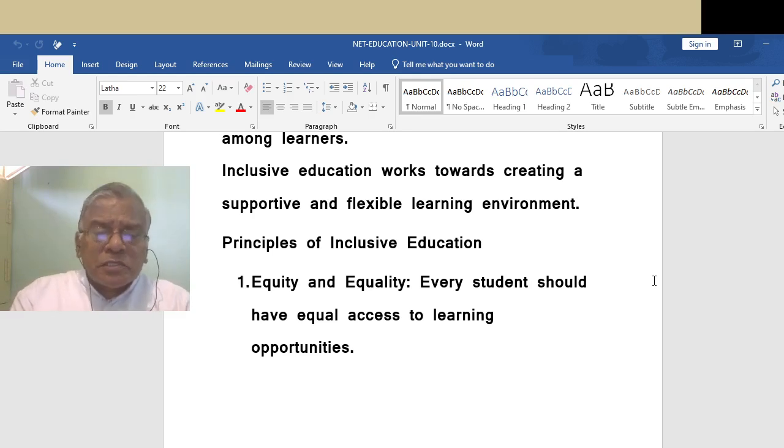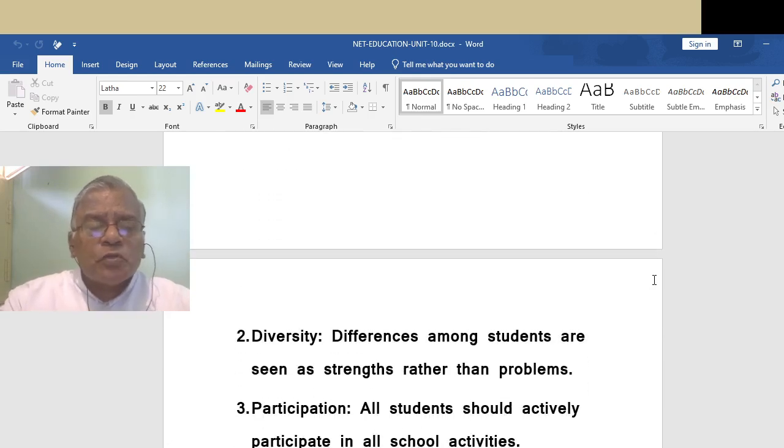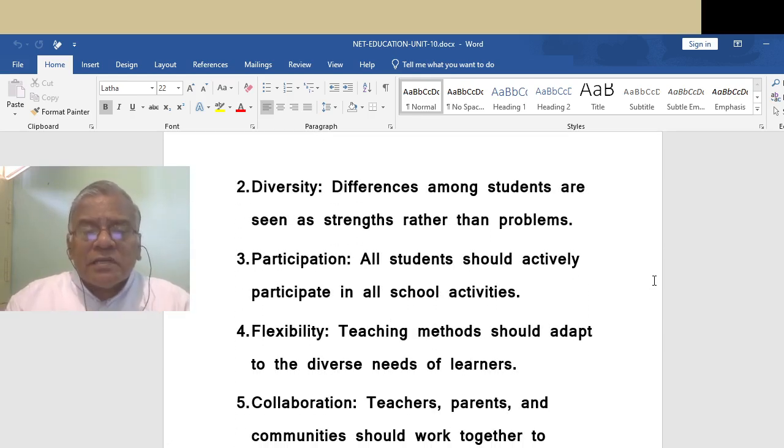What are the principles of inclusive education? Equity and equality, that is, every student should have equal access to learning opportunities. Diversity, differences among students are seen as strengths rather than problems. Then participation, all students should actively participate in all school activities.